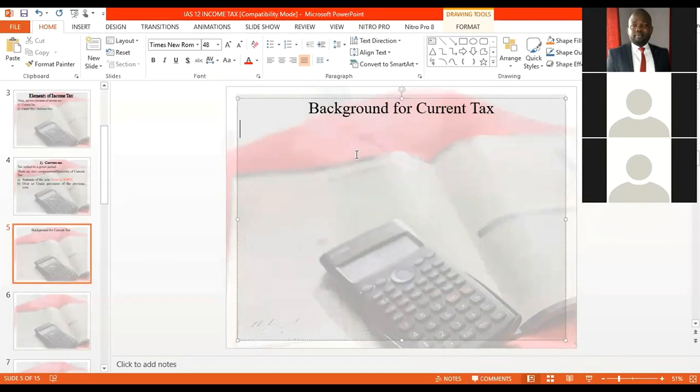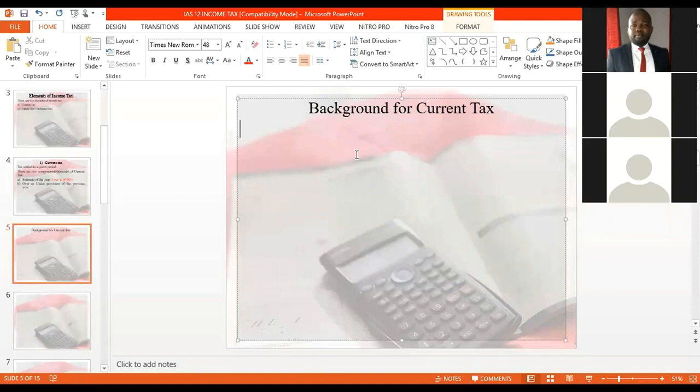So remember, audit of financial statements doesn't take place at the time you are preparing financial statements. They take place after financial statements have been prepared. So if you prepared financial statements for the year ended 31st December 2020, they will not be audited in 31st December 2020. They may be audited sometime in February of the following year.